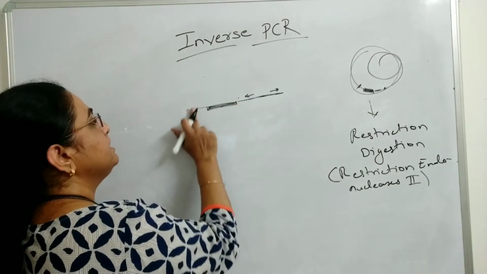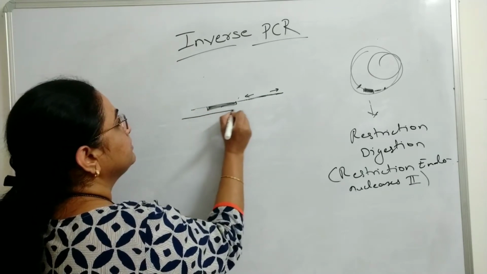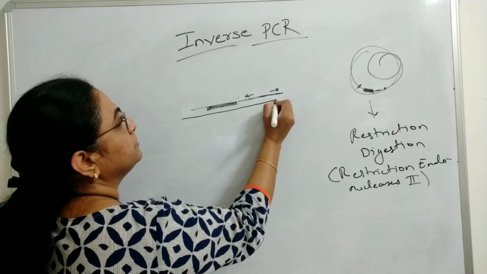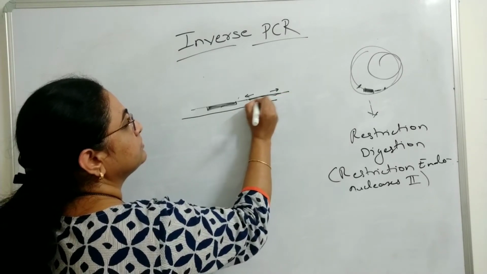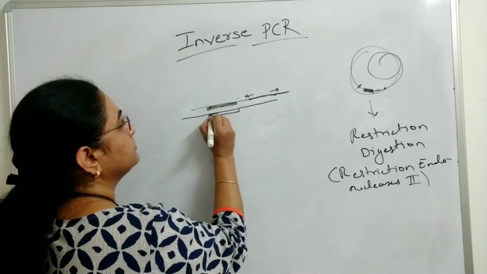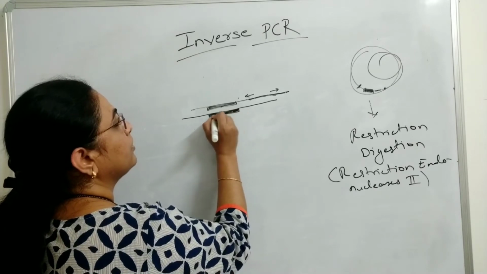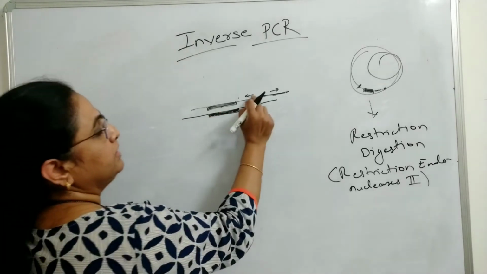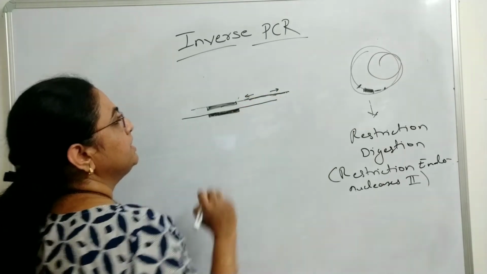And this is a restriction fragment. So the primer is going to be designed for the known DNA sequence.